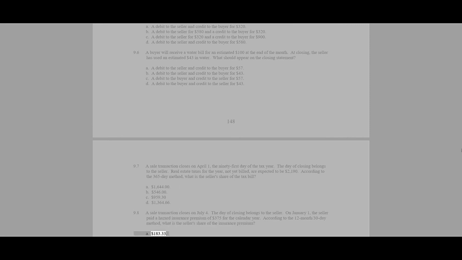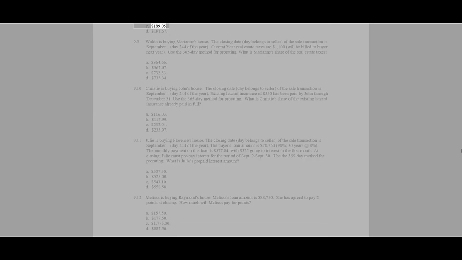A. $183.33. B. $187.50. C. $189.05. D. $191.67.